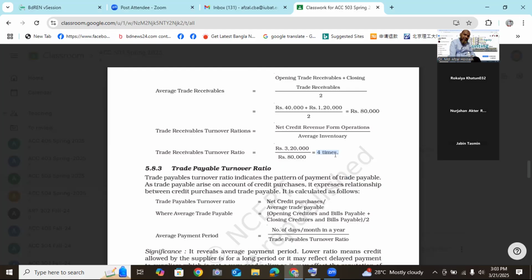So 80,000 is your average receivable, and 3,20,000 is 4 times your average receivable.